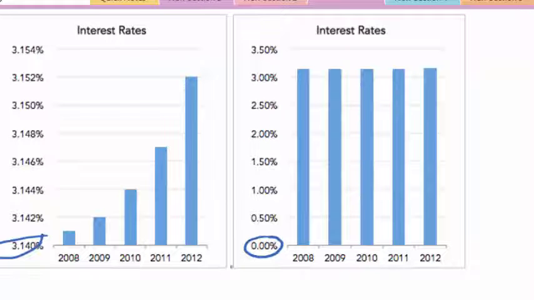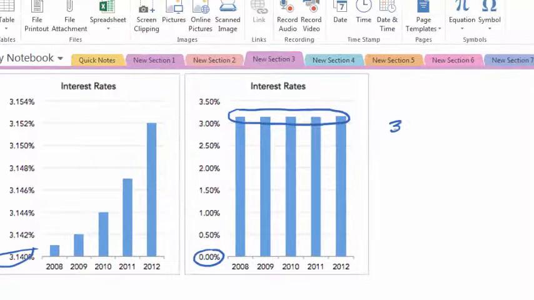Then if you look, the right graph is more accurate because the vertical scale begins at zero. So as you can see, they are all close to each other. I can see that there is no big difference, and they are staying in the range of 3.14 to 3.152, let's say.